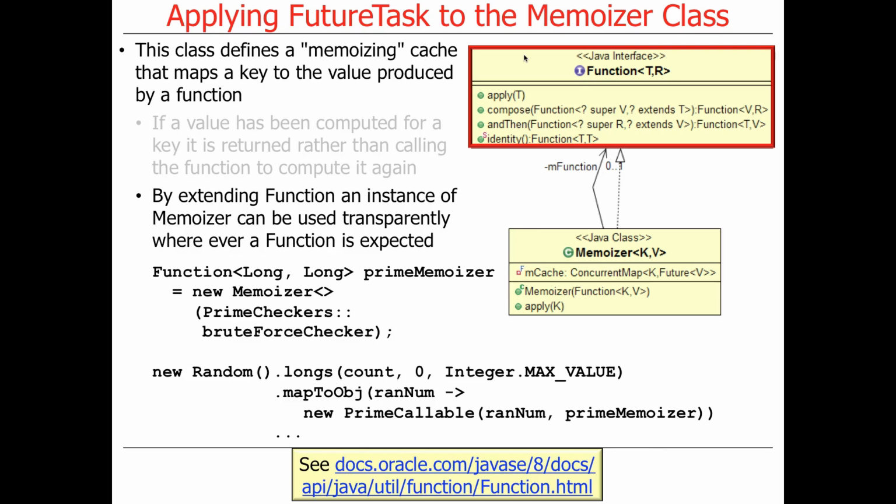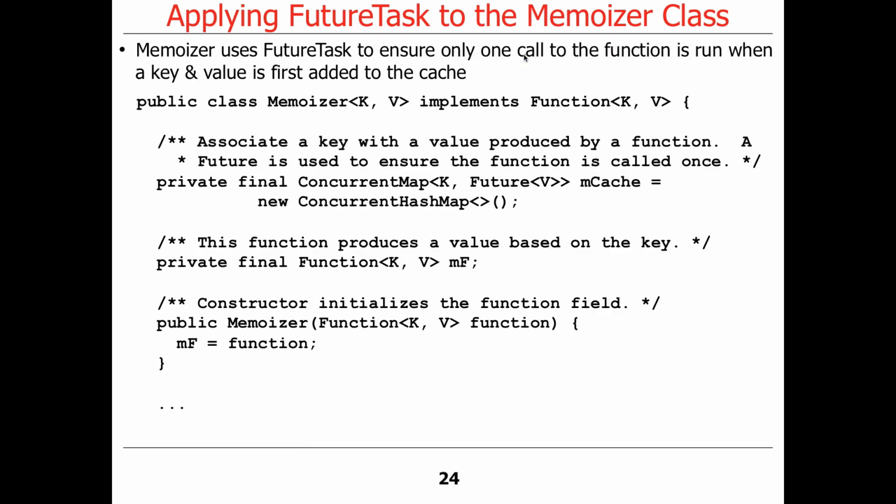And therefore, remember, PrimeCallable simply says apply this function, and it doesn't know and doesn't care that the function it's applying isn't actually the brute force checker function. It's actually calling the Memoizer. And the Memoizer, as we'll see in a second, is going to do the optimization to look the value up and return a cached value if it exists, and compute the value and cache it if it doesn't. So the nice thing is we're able to transparently parameterize the function while adding this additional optimization. So that's the magic of Java 8, and that's how we're going to use the Memoizer.